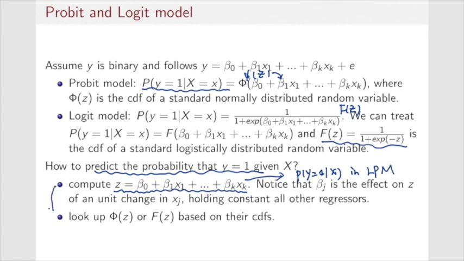But for the probit and the logit model, we also have a second step. Then we calculate this z and we look up this Φ(z) or F(z) based on their CDFs. The distributionally transformed value gives us the probability that Y equal to 1 conditional on X.